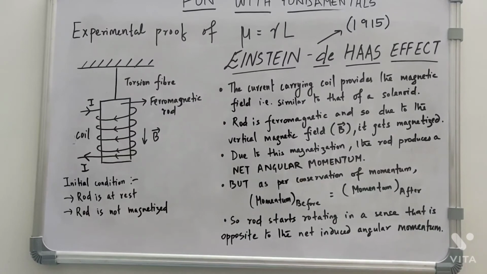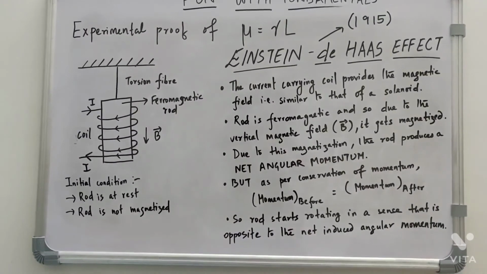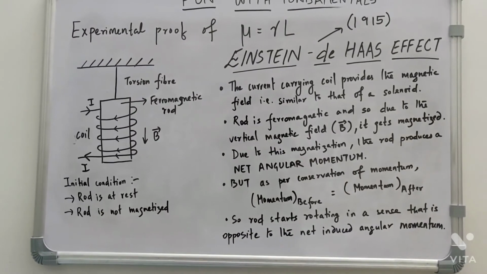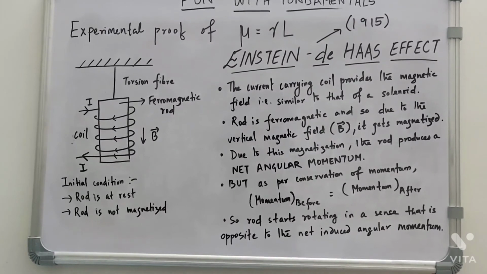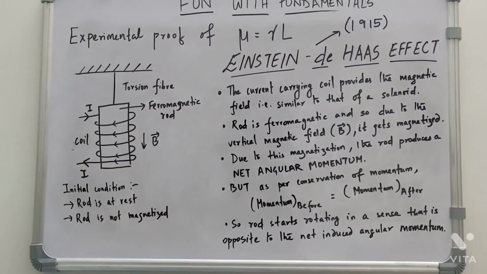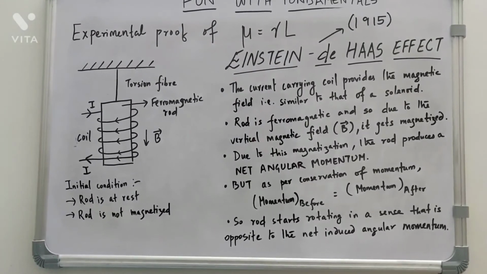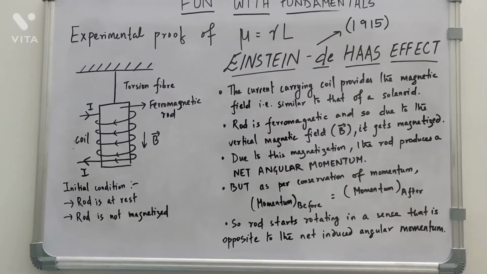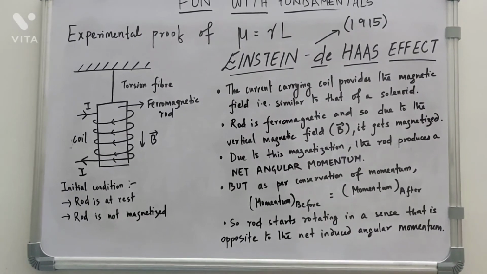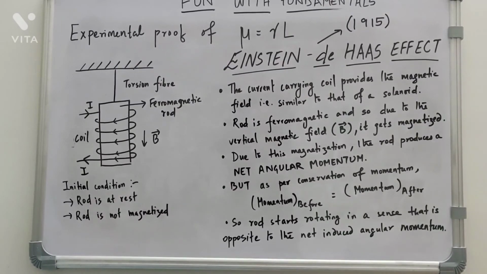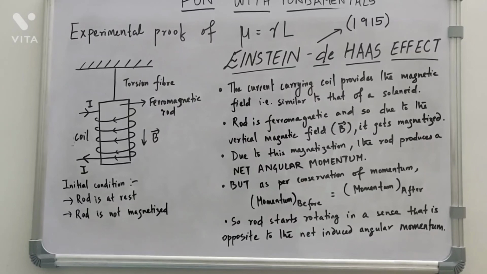So, to satisfy this law of conservation of momentum, the rod starts rotating in a direction that is opposite to the direction of the induced angular momentum. Hence, this experiment proves that the magnetic moment is associated with a net angular momentum, and by measuring the value of the angular momentum and the magnetic moment, we can deduce the value of the gyromagnetic ratio gamma.